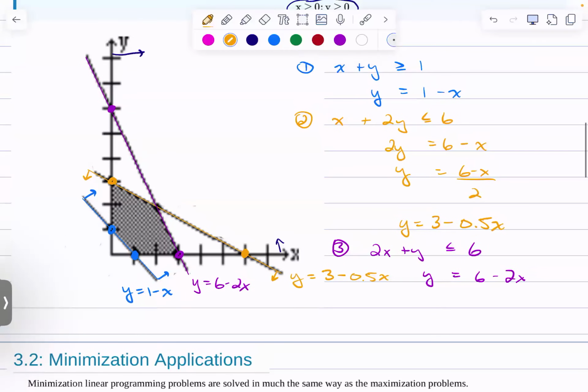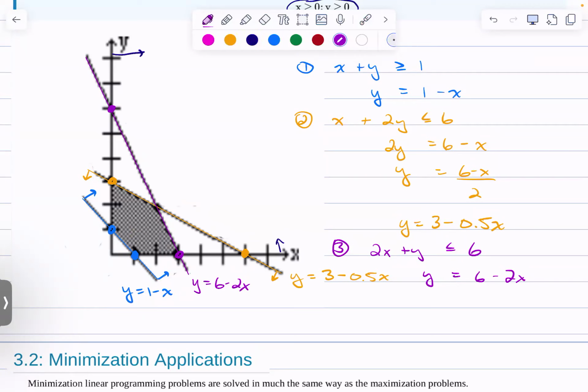And then finally, 2x plus y has to be less than or equal to 6. And so if I plug in 1, 1 again, that's on one of the sides of the purple line. So then I get 2 times 1 plus 1 is 3, which is less than or equal to 6, which is exactly what I wanted.